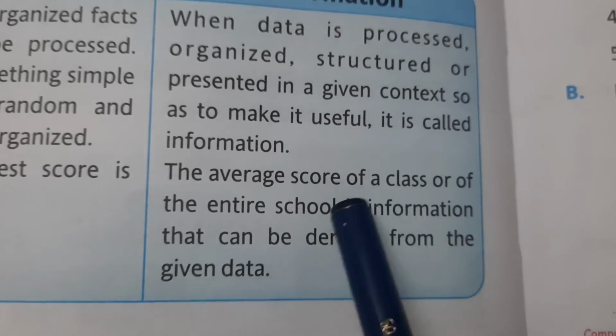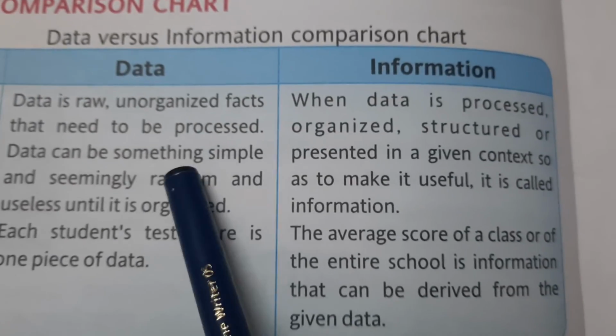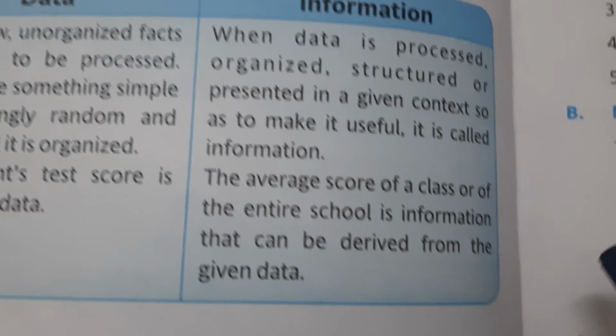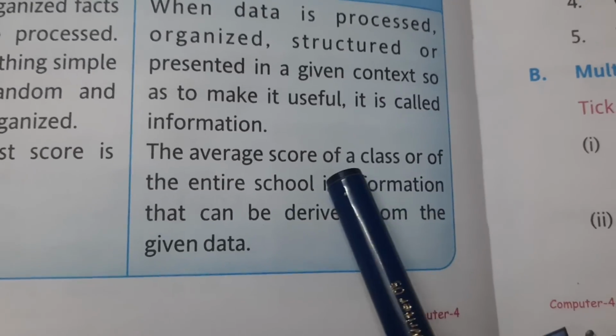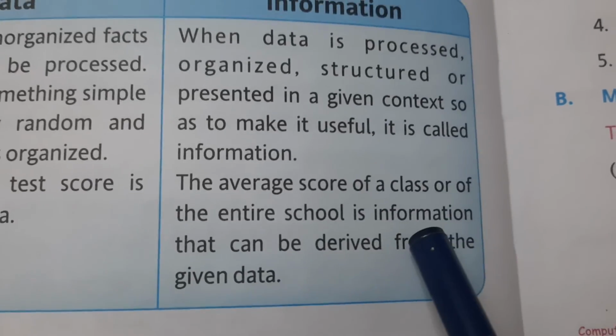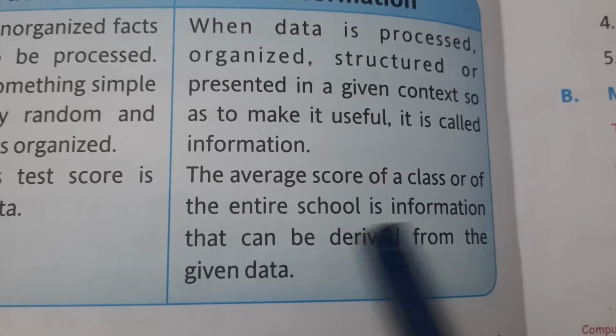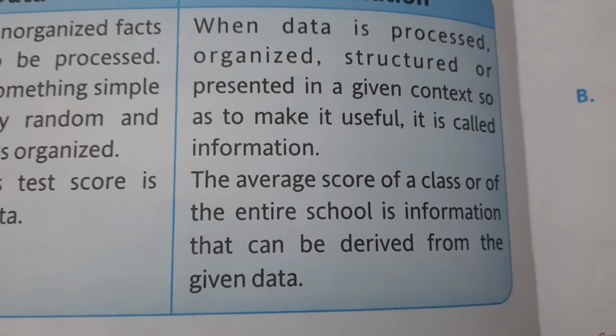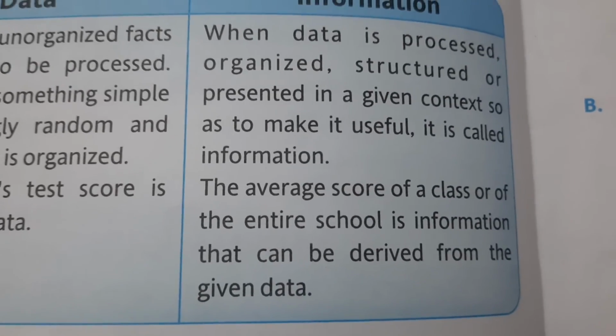We were having the data of 20 or 60 or 100 students, and from it we can get the average score of the class. That will be meaningful information. You will only get an average when you have quite a few students, so for that you need data.